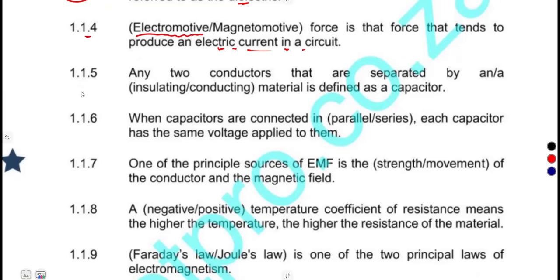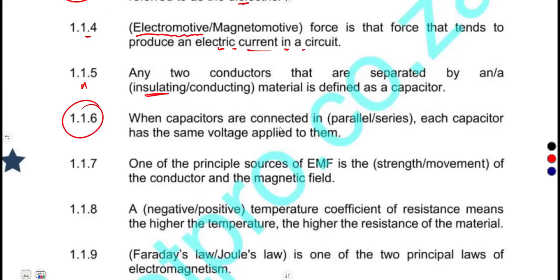All right, so that's our 1.1.4. 1.1.5, any two conductors that are separated by an insulating or conducting material is defined as a capacitor. Remember, in a capacitor there is a dielectric, there's a space in between. So that must be what? Insulating.